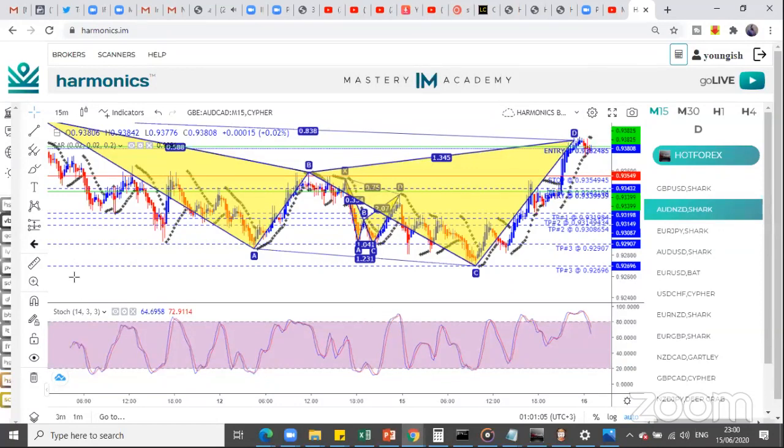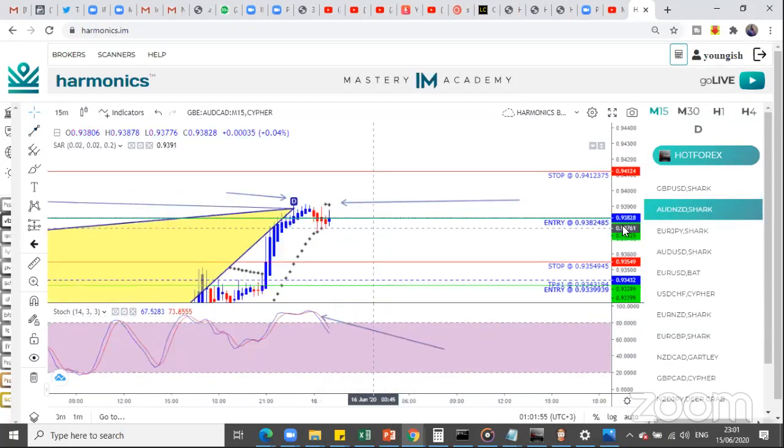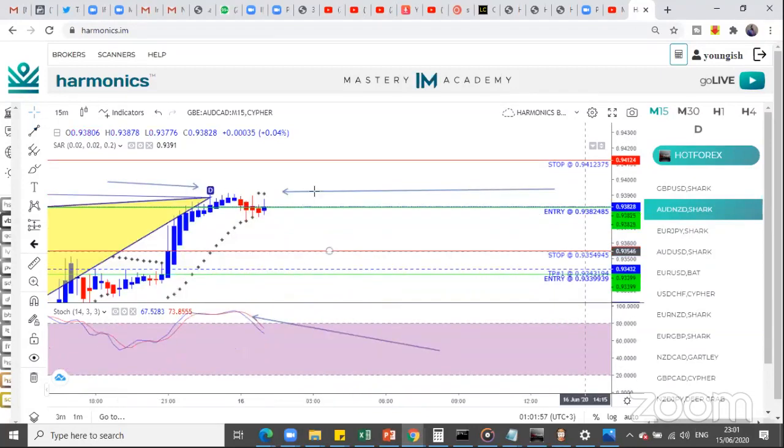Your letter D must be at the top. Your stochastics must cross from the top, and the parabolics must cross up. So right now, we're waiting for a flat top candle. As we see a flat top, we're going to go in on this trade. So write this down on your note. This is a trade. This will happen in the next 45 minutes.